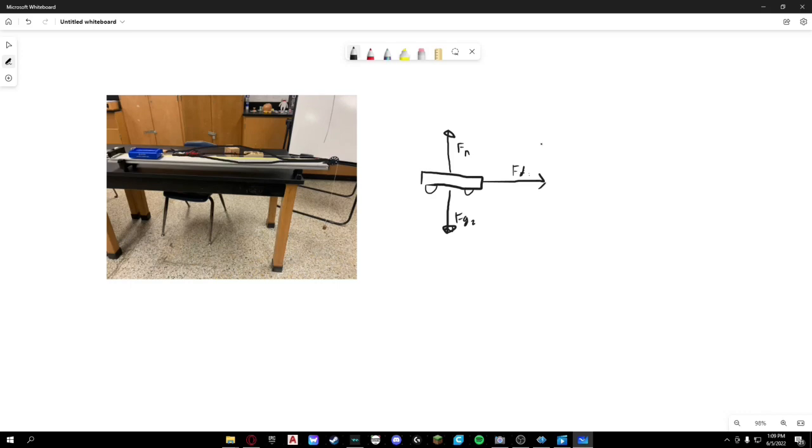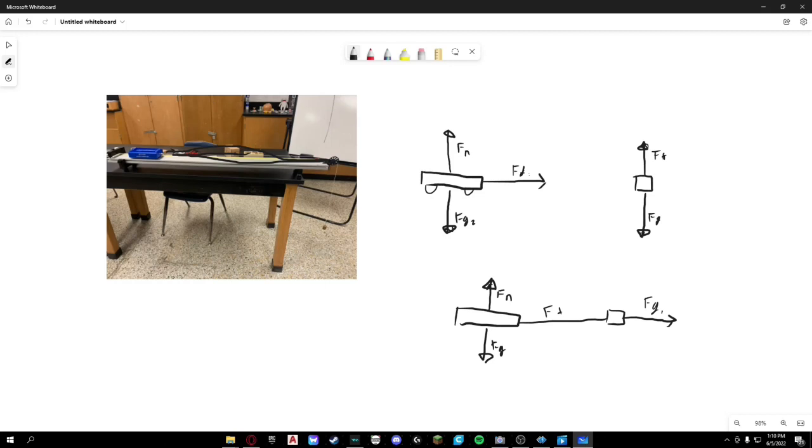And then for a hanging mass, we have, just like the other ones, force of gravity, and then we have our force of tension. It's important to note that the force of tension is actually equal in both these masses. And if we set this up like the other masses, normal force and force of gravity, and these equal each other so they cancel out, and then we have force of gravity over here.